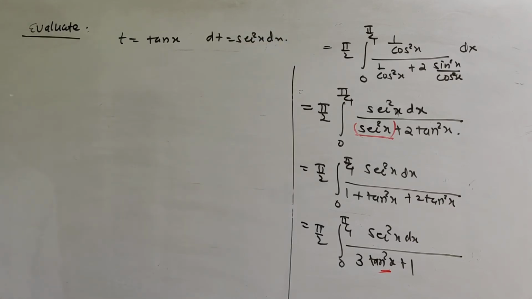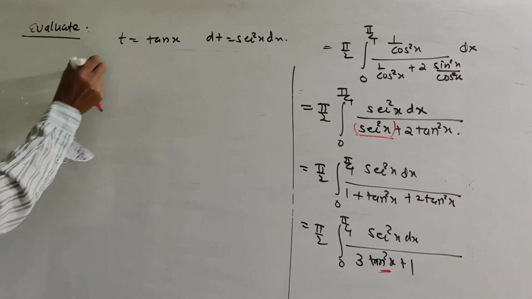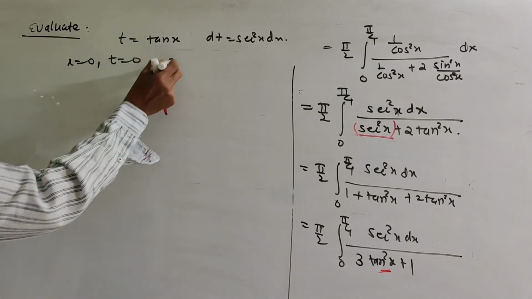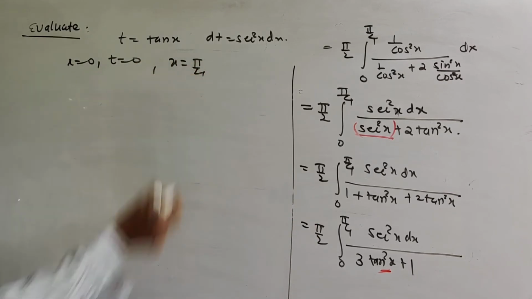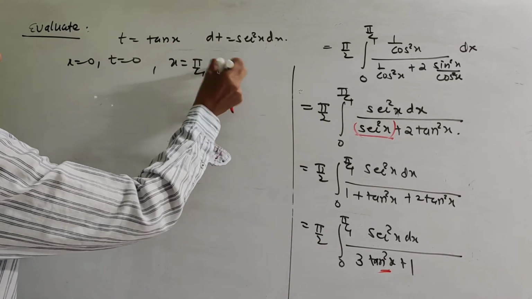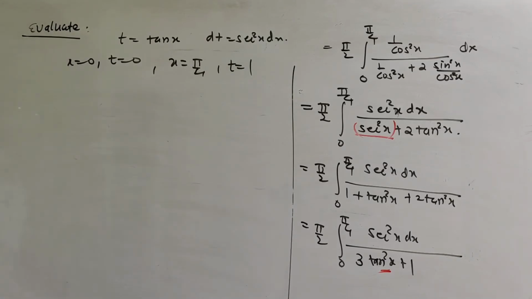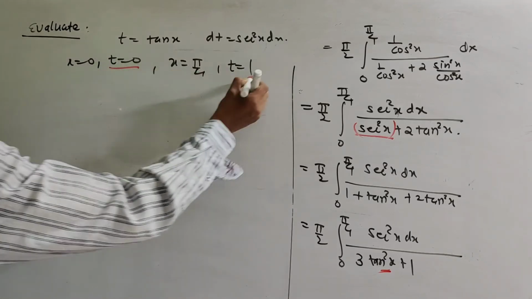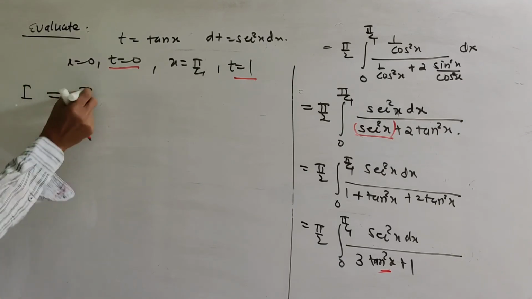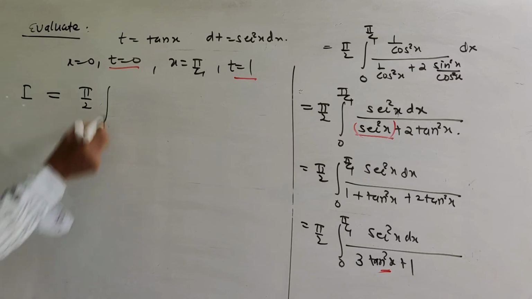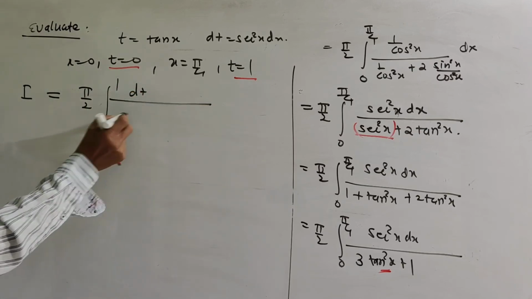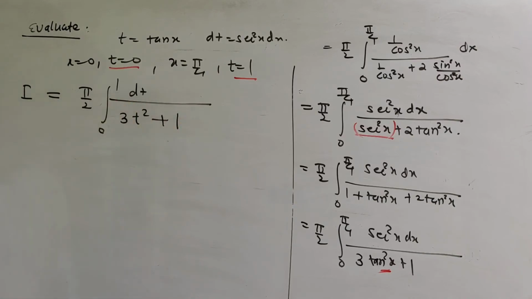Changing the limits: at x equal to 0, t is tan 0, which is 0; at x equal to pi by 4, t is tan of pi by 4, which is 1. So the new limits are 0 to 1. Therefore it is pi by 2 integral 0 to 1 dt upon 3 t square plus 1.